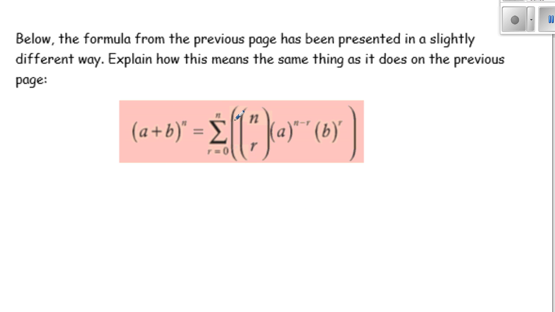Let's see. Does anyone want to suggest what is being said here? Yeah, good. So the sum of, that's what that funny symbol means, the sum of terms in the binomial expansion.